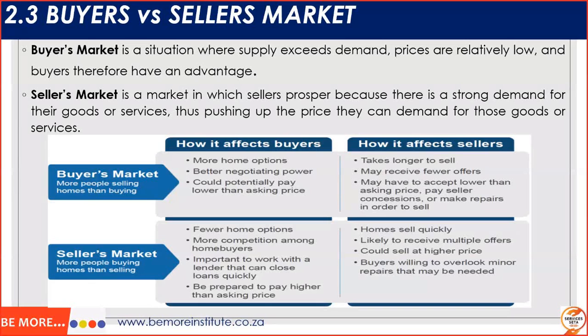And then the seller's market is a market in which sellers prosper because there is a strong demand for their goods or services, therefore pushing up the prices they can demand. It's like where you are a seller and there is less stock, but many people are looking for the stock that you have.